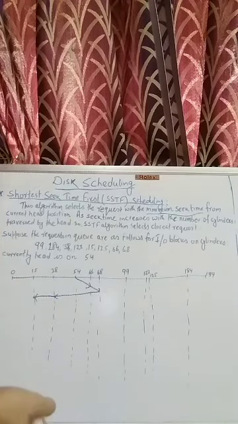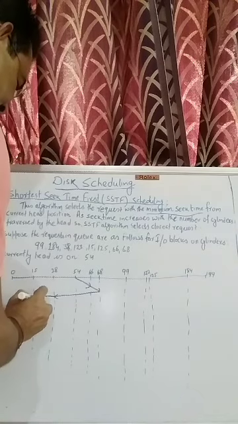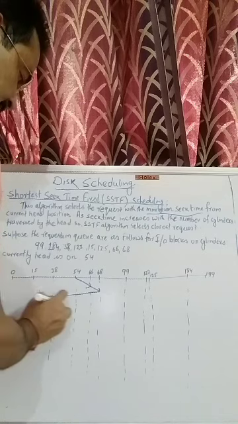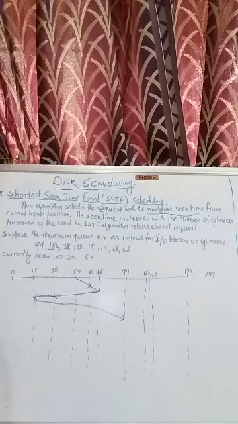Now there is no backward pending request, so the head moves onwards and processes the request at 99.